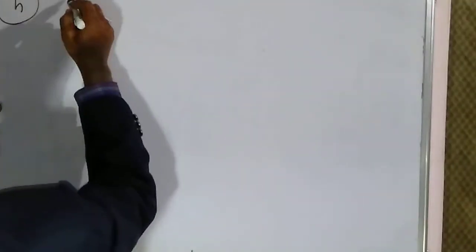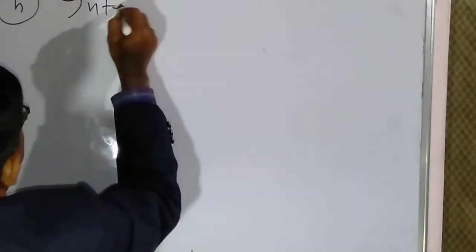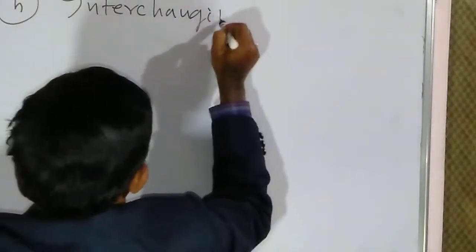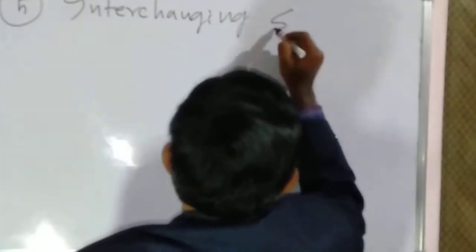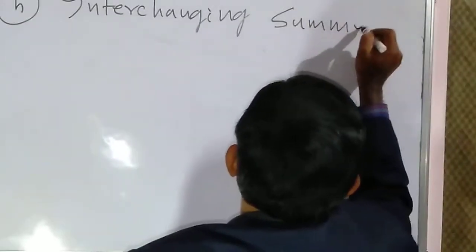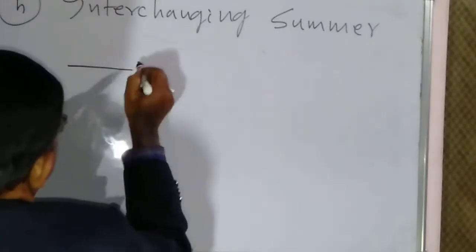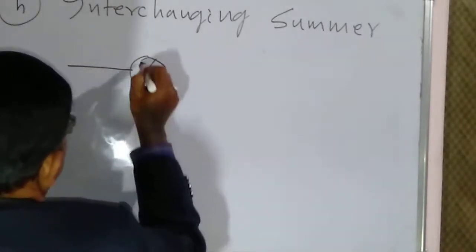So next rule, that is rule number 5, interchanging summers. It means this is one summing point.